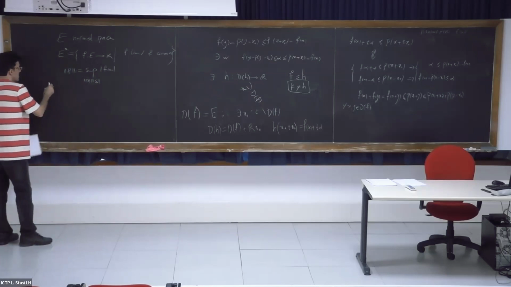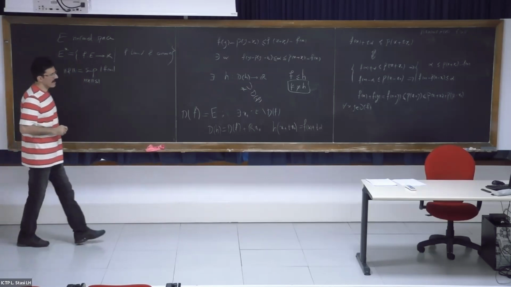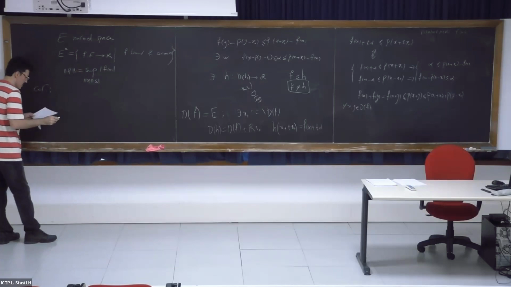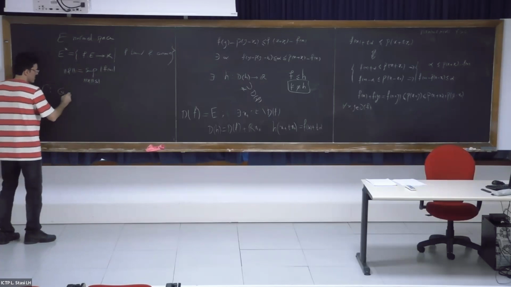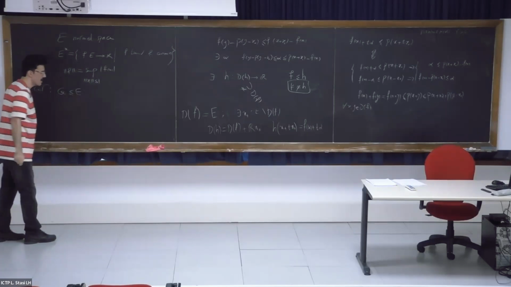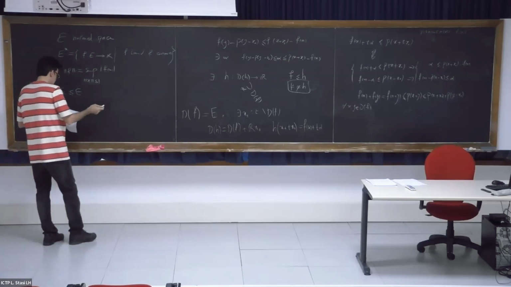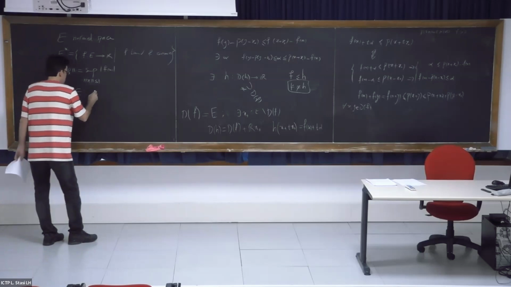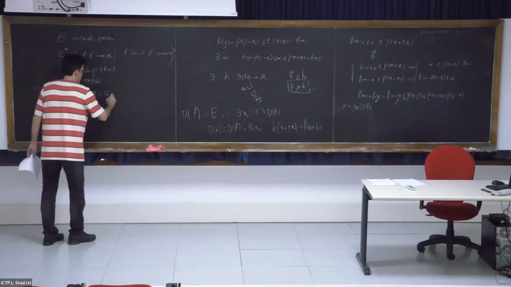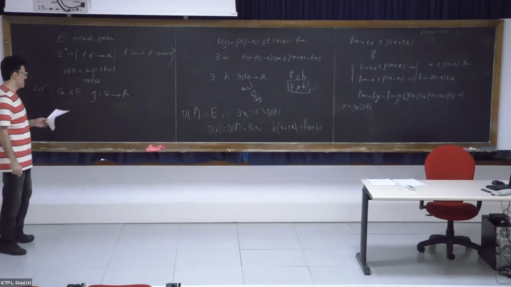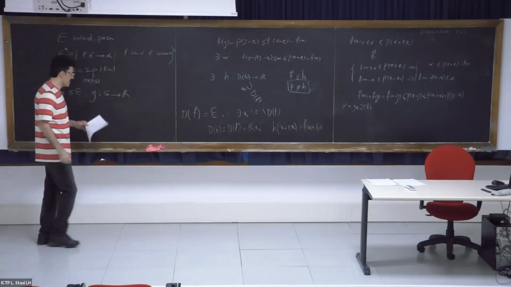As you know, I want to apply the Hahn-Banach analytic form to obtain this corollary. Let G be a subspace of E, and g be a linear mapping from G to R, which is continuous.